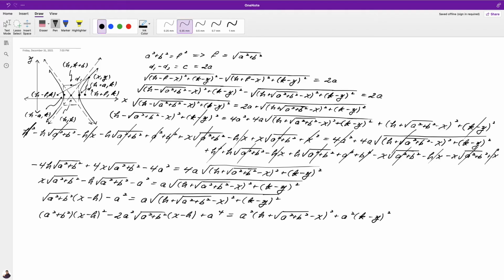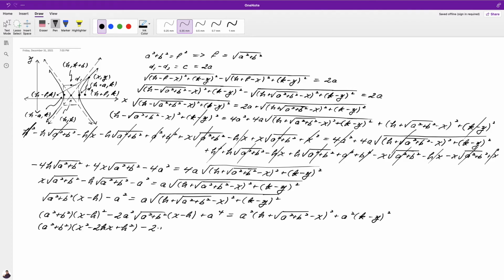All right, now let's distribute these values here on the left-hand side. Well, we're going to have to do this in a few steps. That's okay. We're going to have a squared plus b squared times x squared minus 2hx plus h squared minus, all right, this we can do.